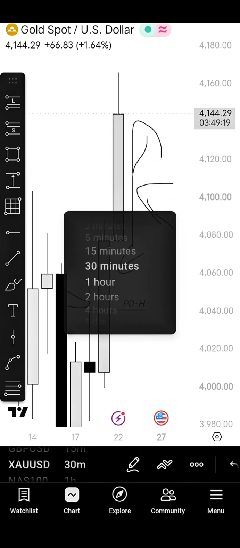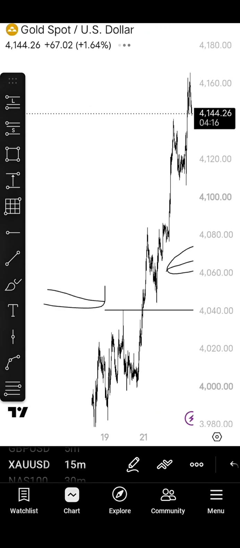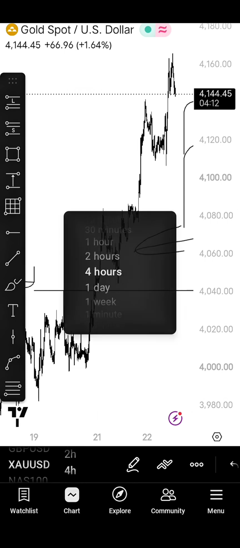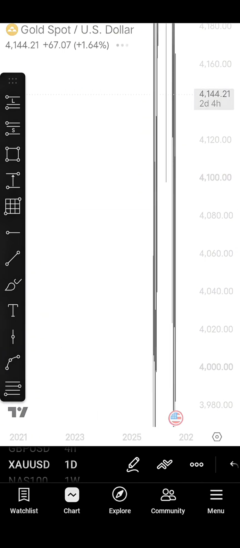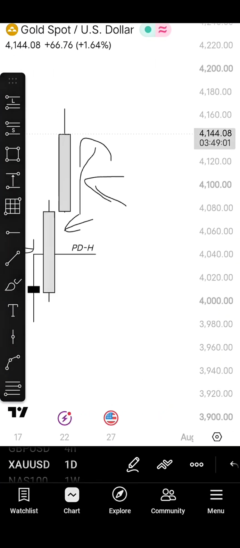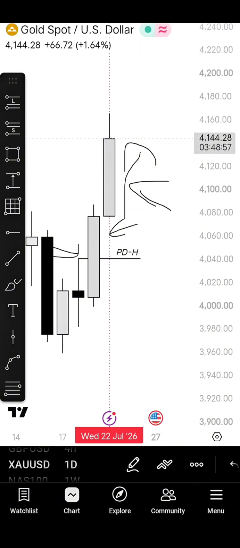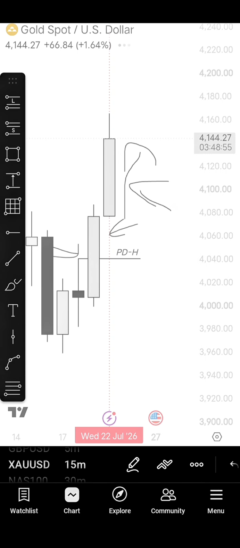Okay. So now let me show you the 15-minute examples which played out on the nitro strategy. First of all, let me mark the day candle so you will not get confused. Okay, I marked it. Let's shift to the 15-minute.